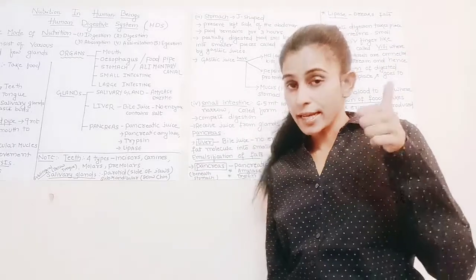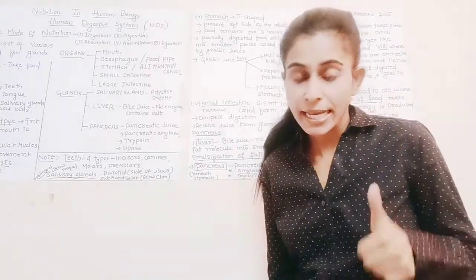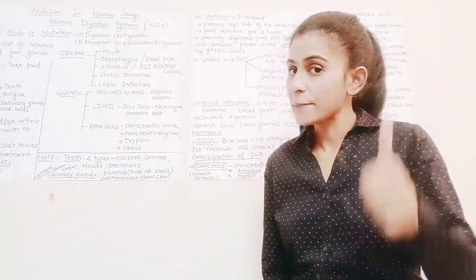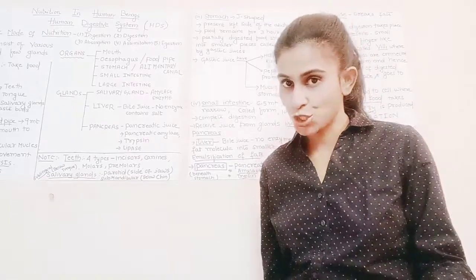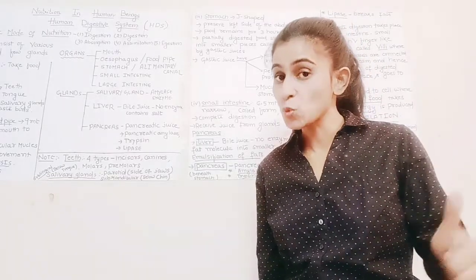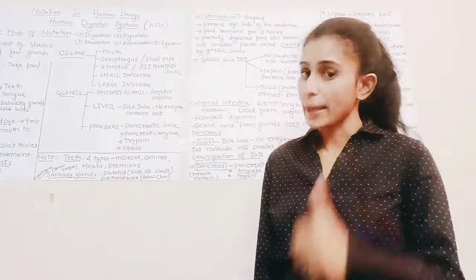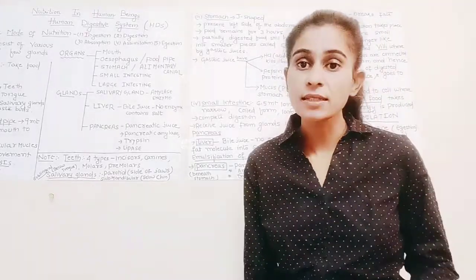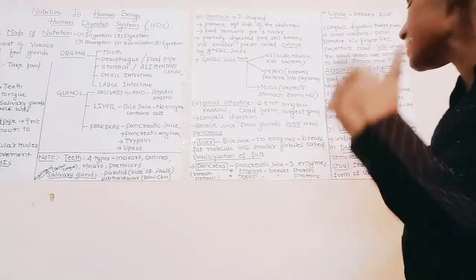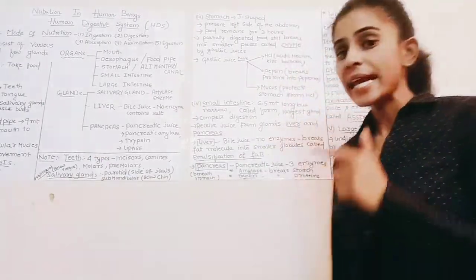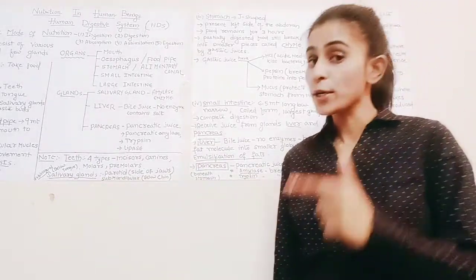The first one is amylase. Amylase helps in breaking the starch. The second one is trypsin. What does trypsin do?